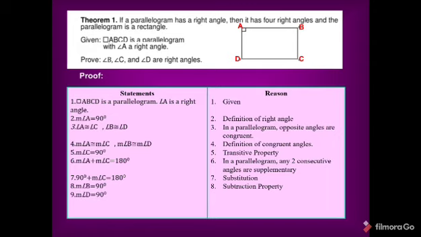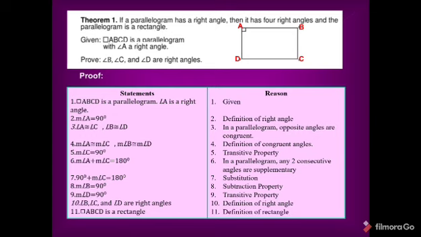So measure of angle D is also 90 degrees. That's still the transitive property. In statement number 10, angle B, angle C, and angle D are right angles. That is the definition of a right angle. So in number 11, you now conclude that quadrilateral ABCD is a rectangle. That is because of the definition of a rectangle.